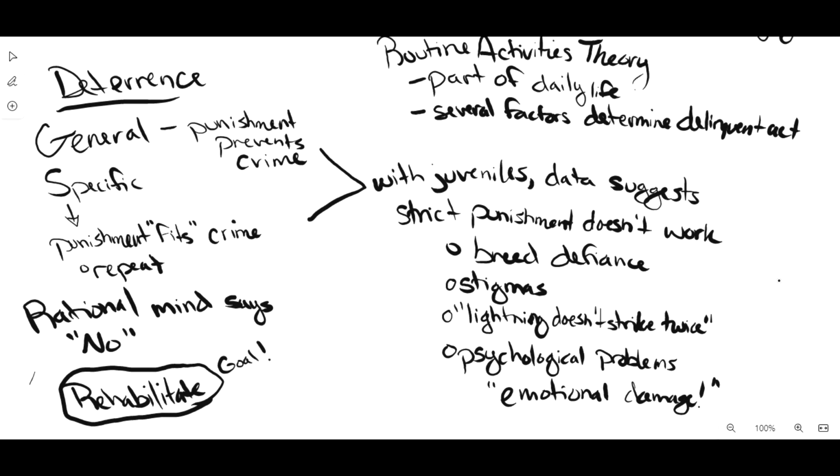And as I've said before, I don't think that there are any direct, straight answers with the juvenile system as a whole. There's a lot of questions to be asked. There's a lot of uneasiness with this.